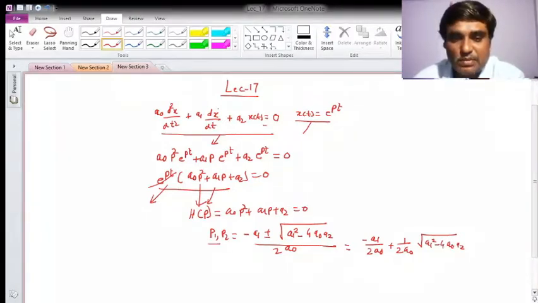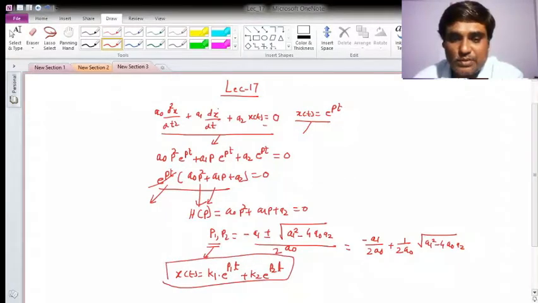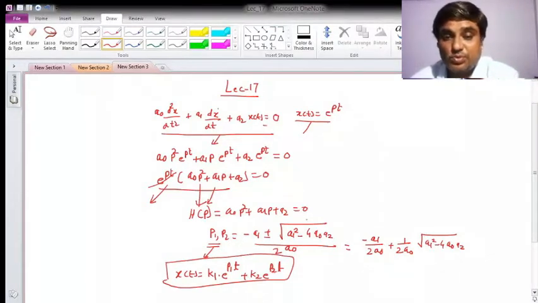If these are my roots, I can directly write the solution, which will be constant k1 into e raised to p1t plus k2 e raised to p2t. That will be the solution for the second order differential equation if the equation is homogeneous.